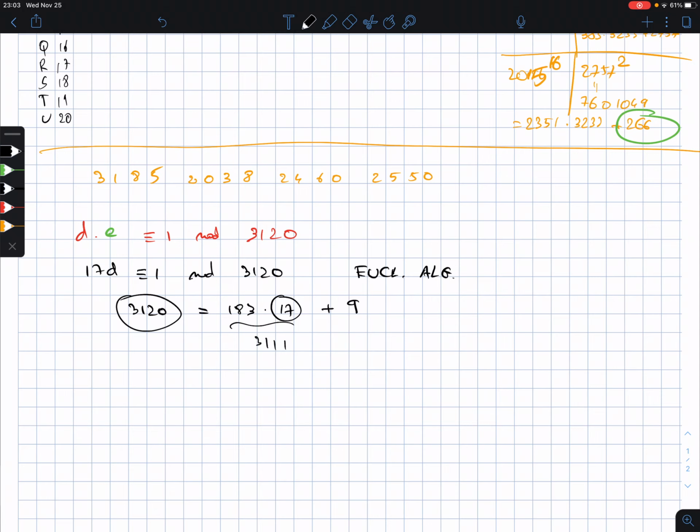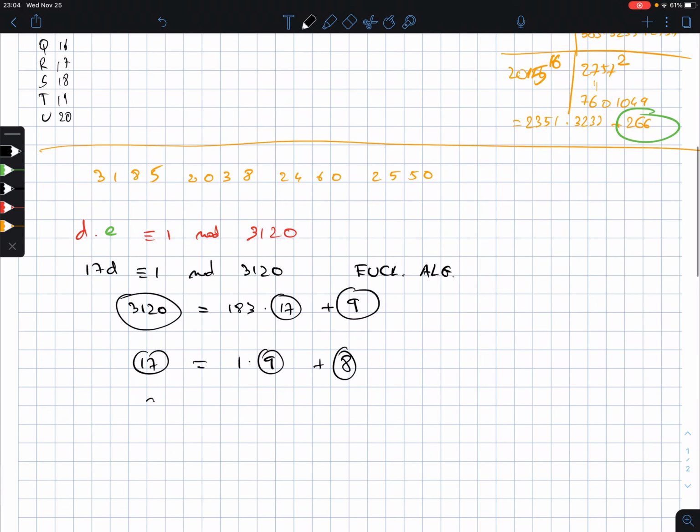Okay, we don't need this anymore. Next, there's again the circled number. We do 17 is 1 times 9 plus 8. Then we do 9 is 1 times 8 plus 1, and that is what we want to see.